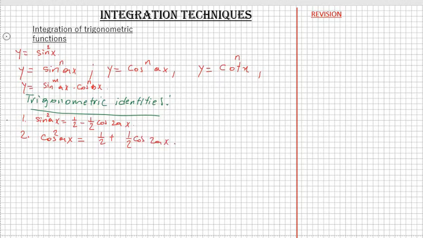So the difference between these two identities is the sign. So here for cos we have a positive, but negative for sine. So the third one is sine square ax plus cos square ax is equal to 1.